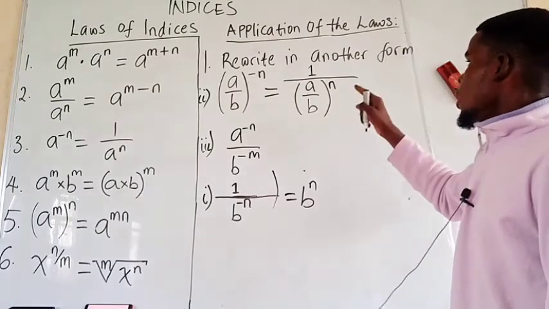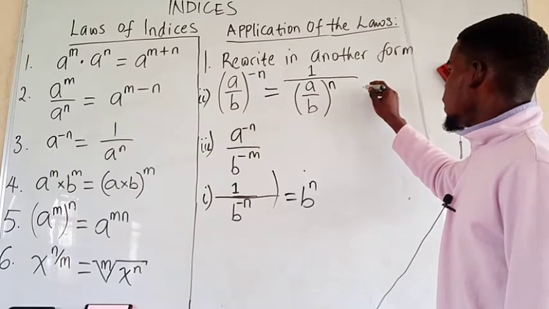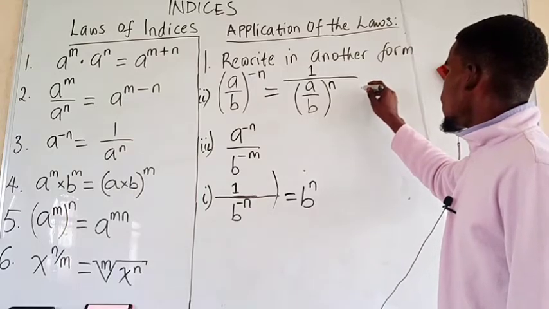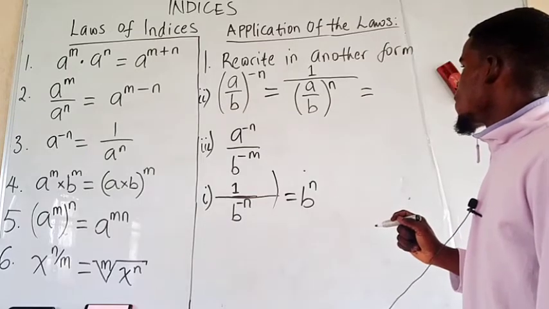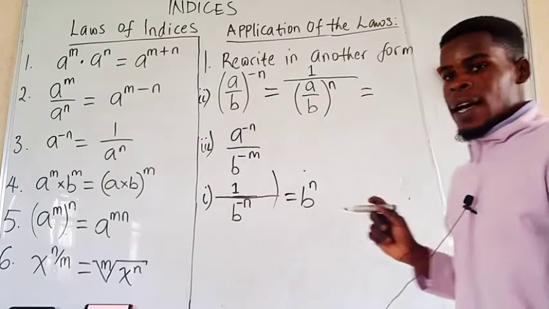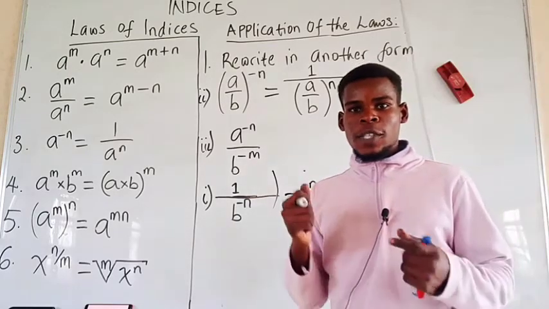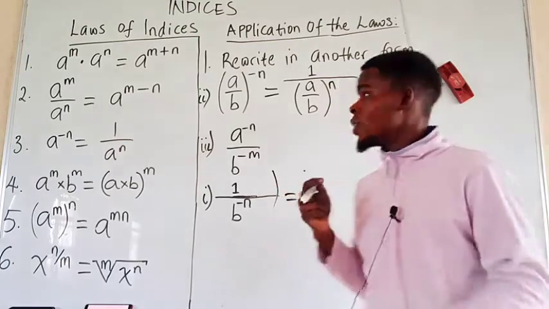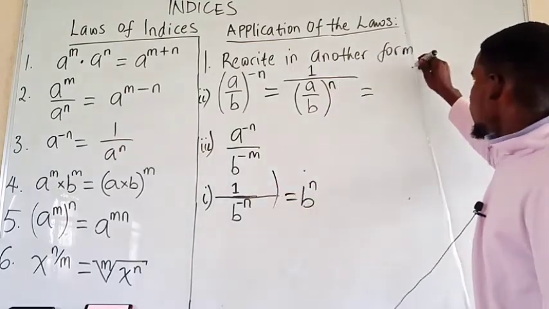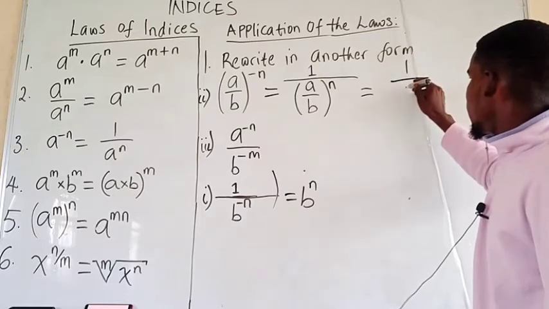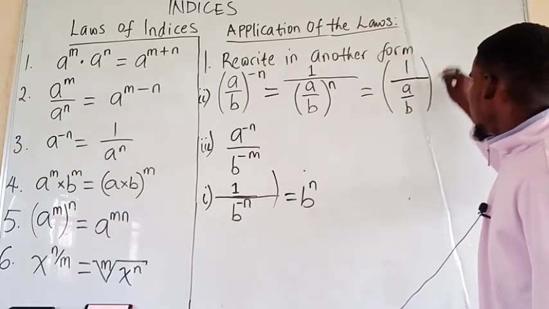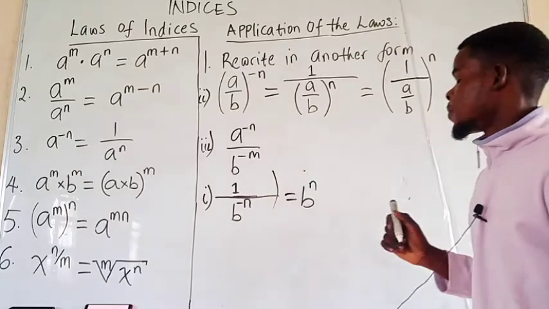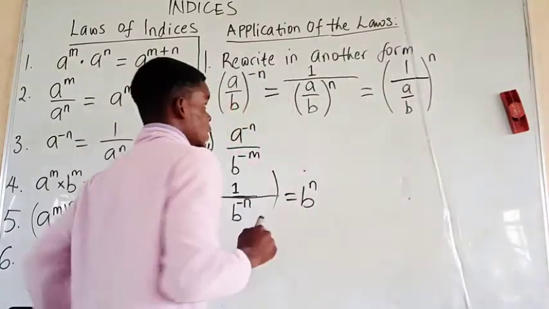All right. Here we can see this to be, well, I know that 1 raised to the power n is the same thing as 1. So I can write this as 1 divided by a over b, everybody here raised to the power n. Right?